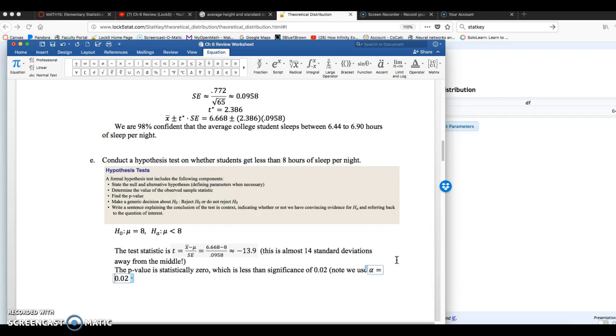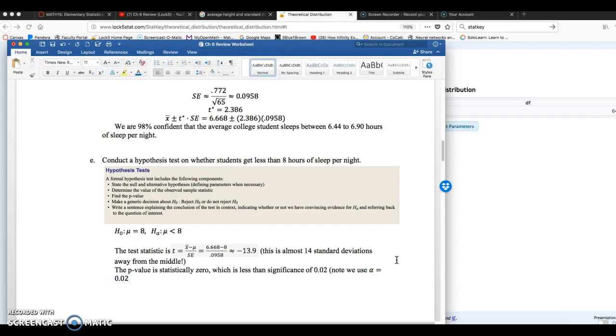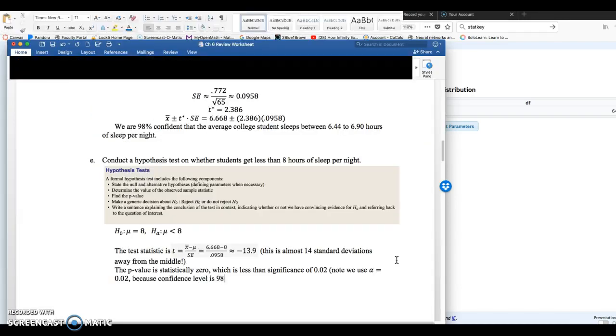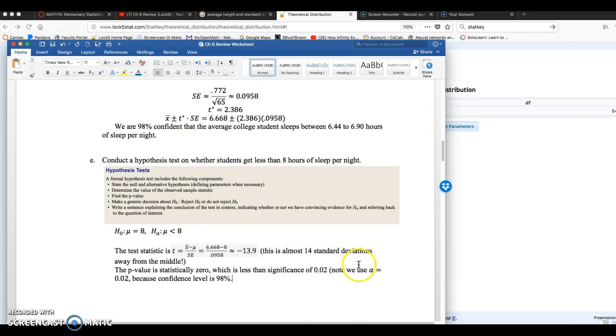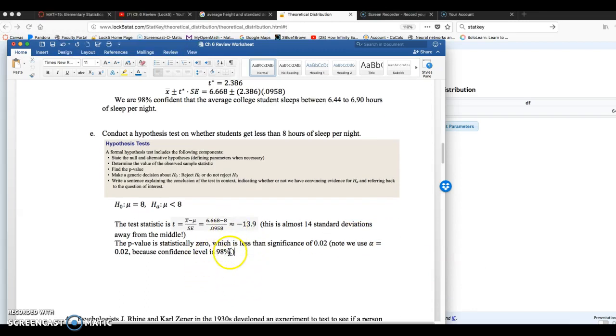The reason why we use an alpha of 0.02 is because the confidence level is 98%. Significance and confidence always have to add up to 1 or 100%. But either way, the p-value is statistically 0. So we are going to reject the null hypothesis.